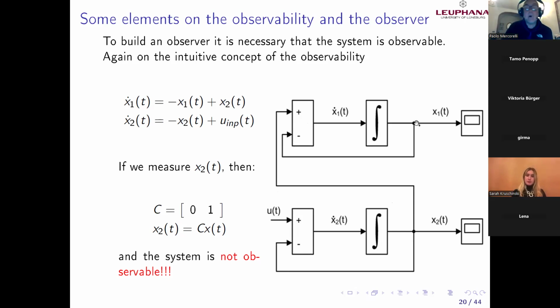It is available from this point because at this point, I assumed that x1 is available. It's an assumption, of course. But look, very important: we have a loop here.